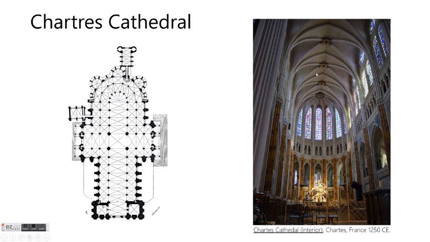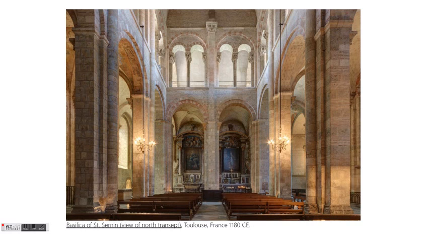But then with the Gothic, we see other things. We see the use of pointed arches, the use of these Gothic ribbed vaults. They're groin vaults, but they're also ribbed, and it gives them extra strength and allows them to reach much higher and to just completely transform the effect.